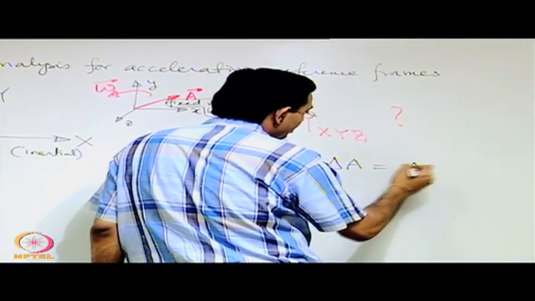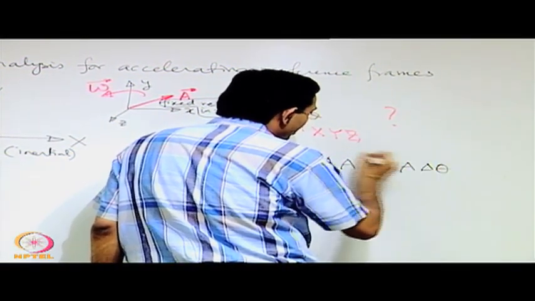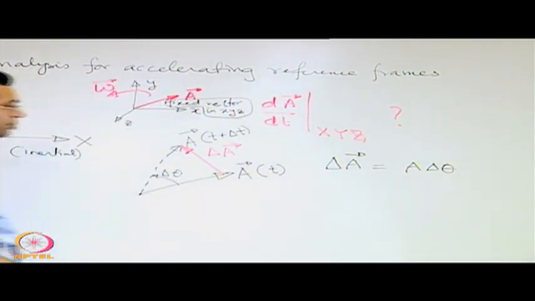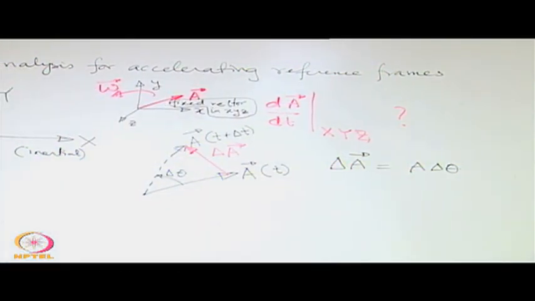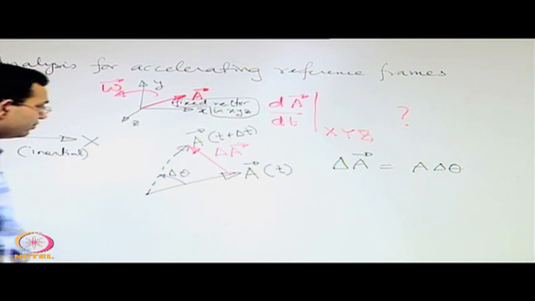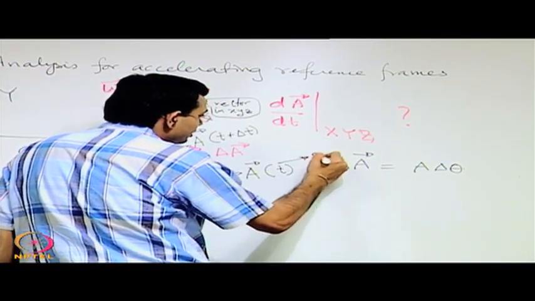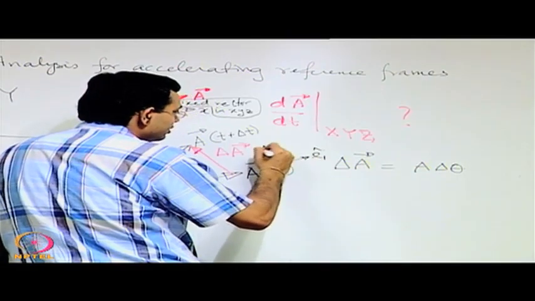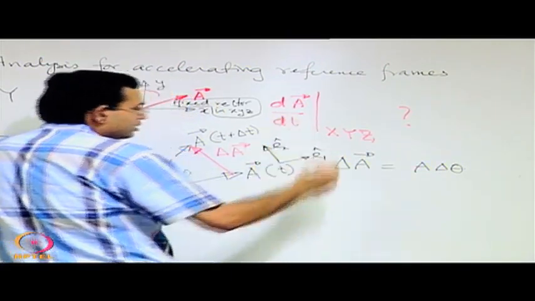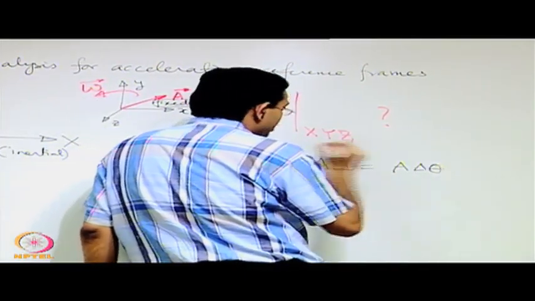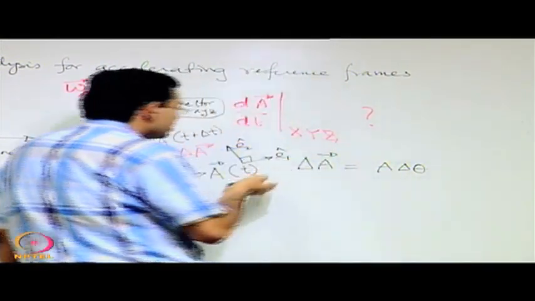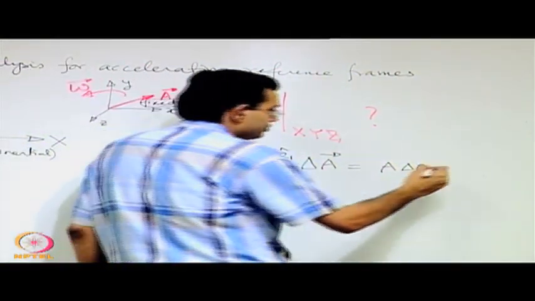A delta theta. In terms of a vector, you have to give it a proper direction and sense. So, if let us say that A is in a direction of E1, then it should be a direction which is normal to E1, say E2.